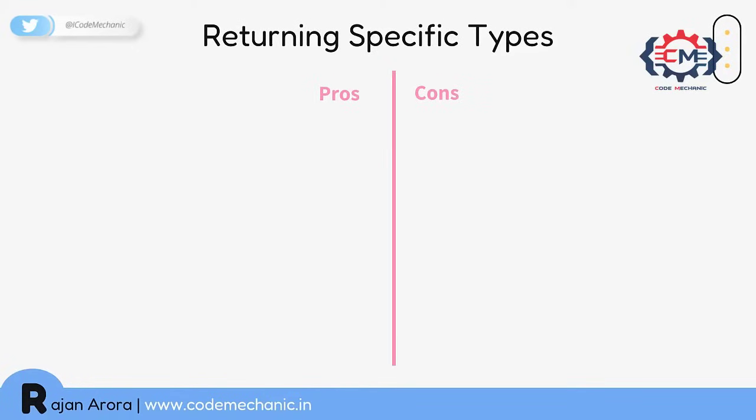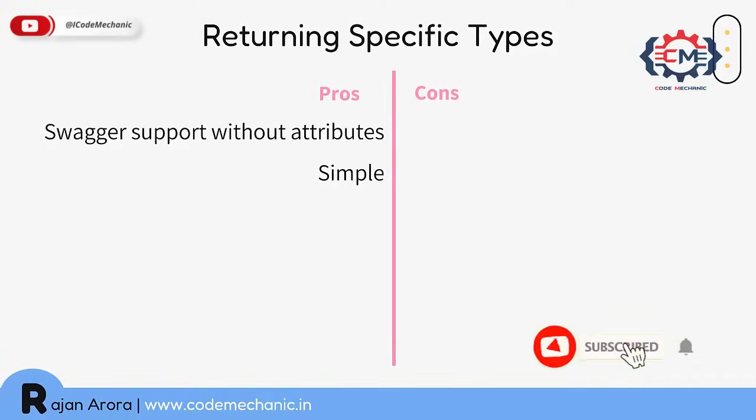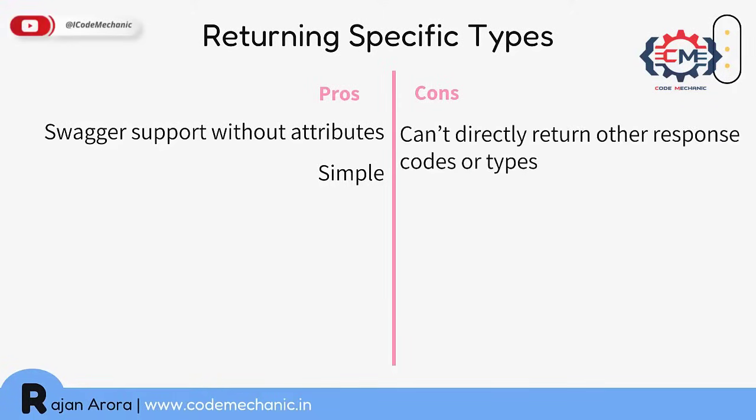A benefit of returning a specific type is that it is strongly typed, so it is easily understood by automated documentation tools like Swashbuckle or NSwag, which can generate a Swagger document. Of course, it is also very simple to just return the type that you are expecting to come back from your API. The biggest downside is that you cannot easily return any other response code or type.